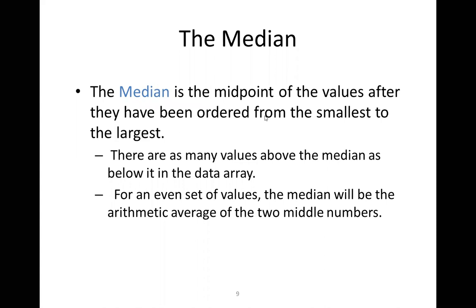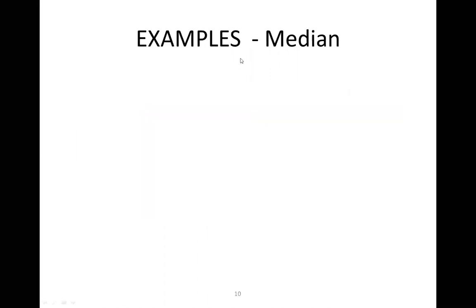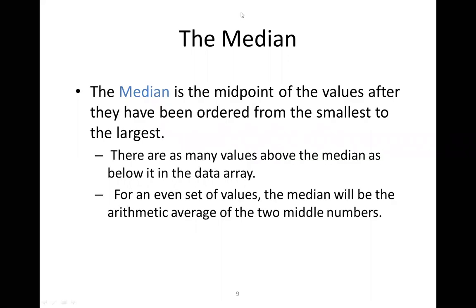So, the median is the midpoint, or the value in the middle. Very simply, if you sort the data and then find the value in the middle, that will be the median, which is the value that divides the data into 50% and 50%. Assuming you have some data, and this data is sorted, from the minimum value to the maximum value.